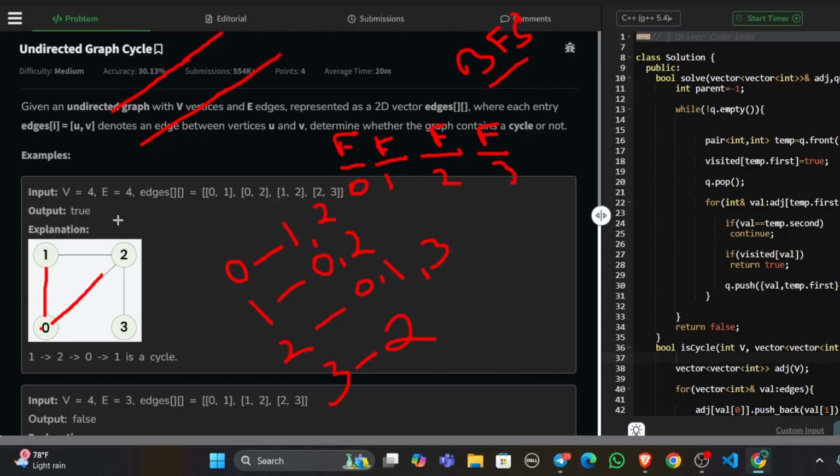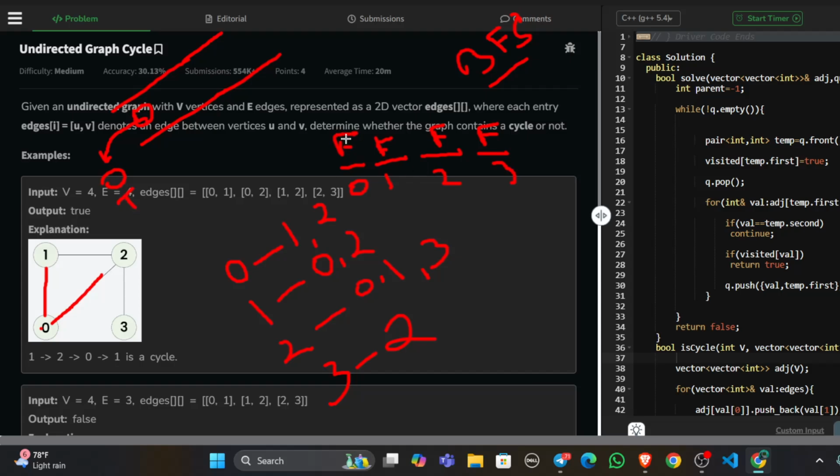Simply we start with zero and push it. Then we pop zero and mark it as true.